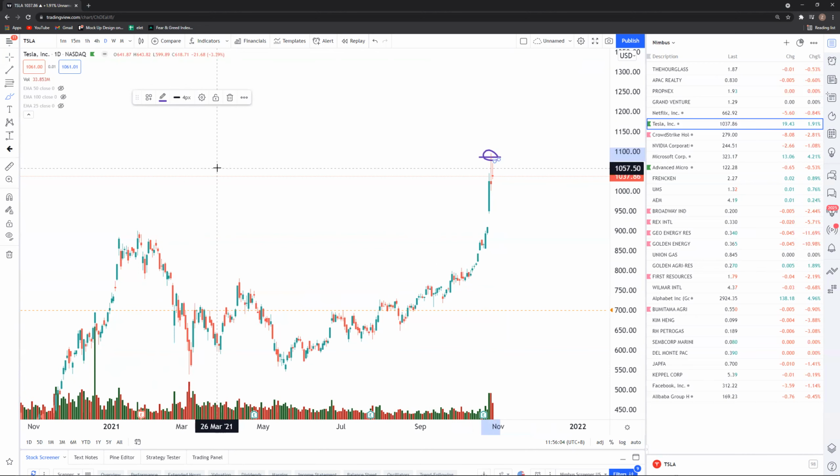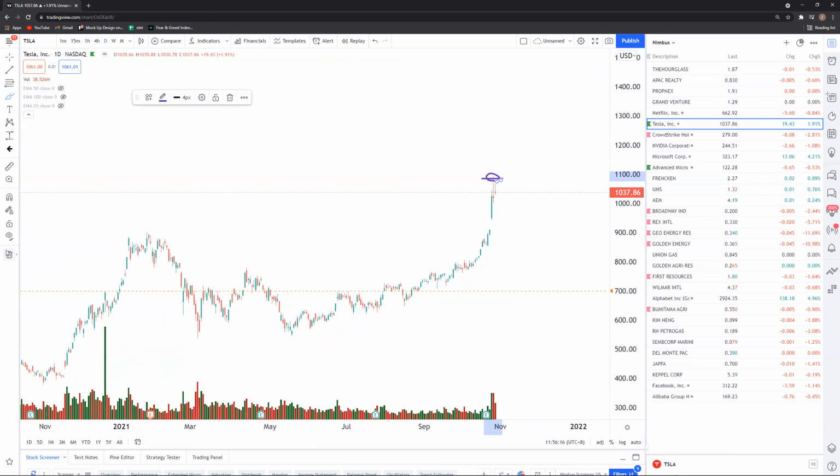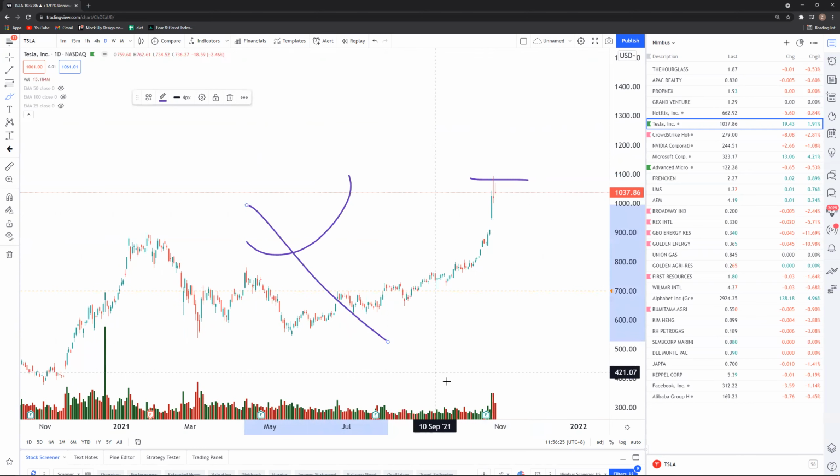The first question that I will ask is, when you buy Tesla, where is your stop loss? Your stop loss needs to account for any kind of retracement. If you do not have a stop loss, then we have nothing to talk about.